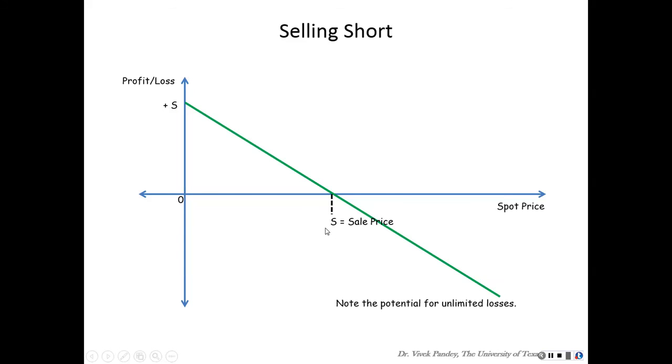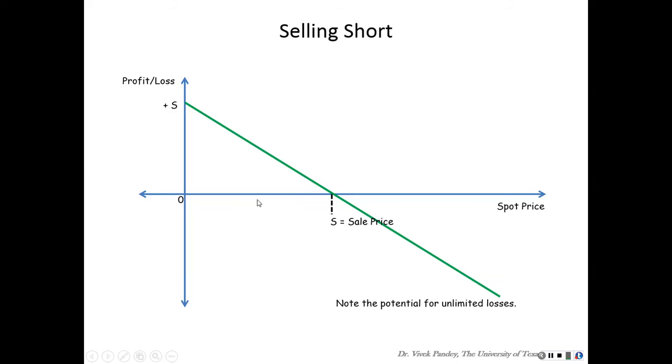Then, of course, the maximum profit you'll make is if the stock's price falls to zero, right? If the company becomes bankrupt, then you get to keep all of the sale price. And of course, you've done this in anticipation that the price will fall. If the price falls, you make money, right?